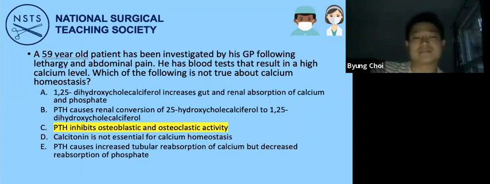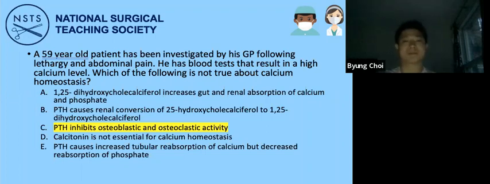Now, osteoblasts and osteoclasts essentially do inverse functions. Osteoblasts lay down bone mineral, osteoclasts digest. And so by that nature, it'd be very difficult for a hormone to either promote or inhibit both.